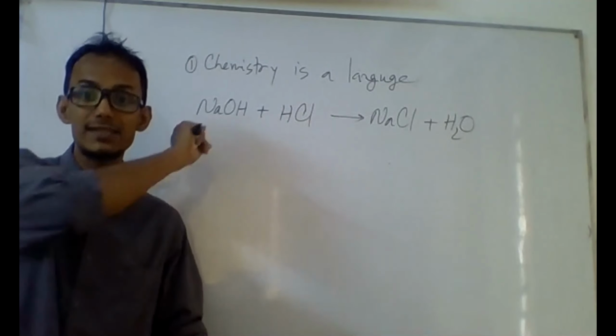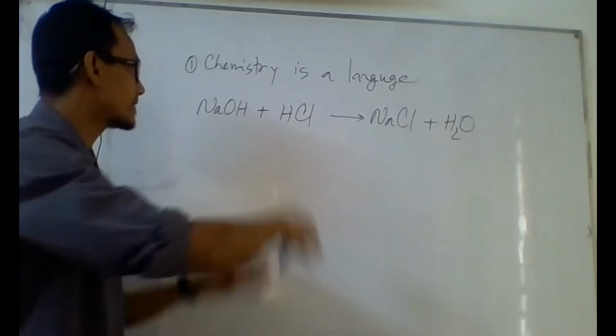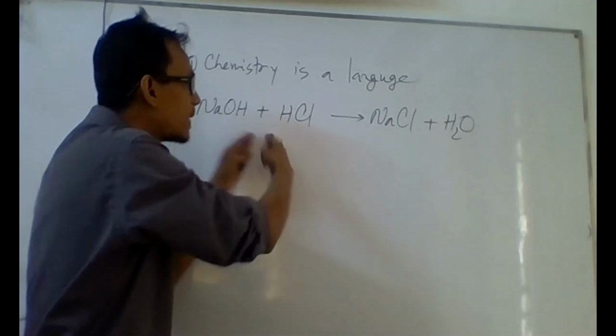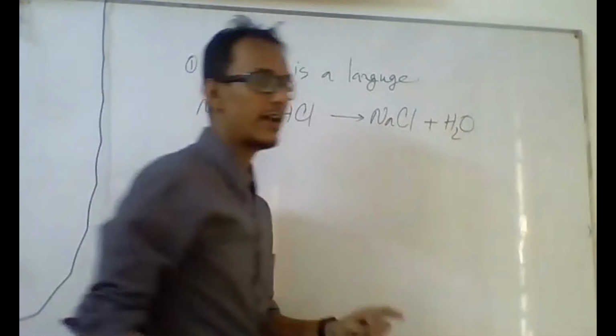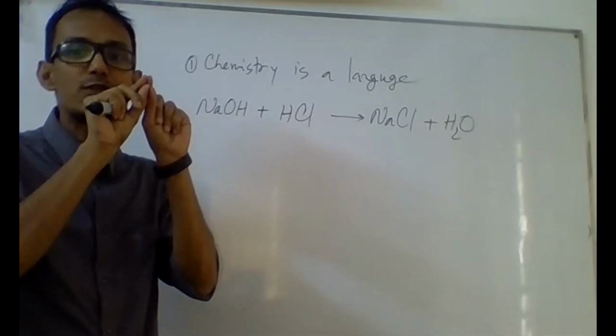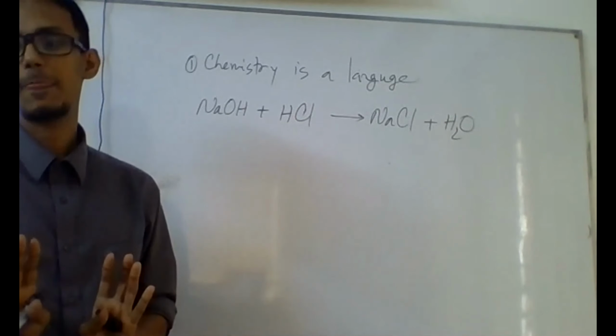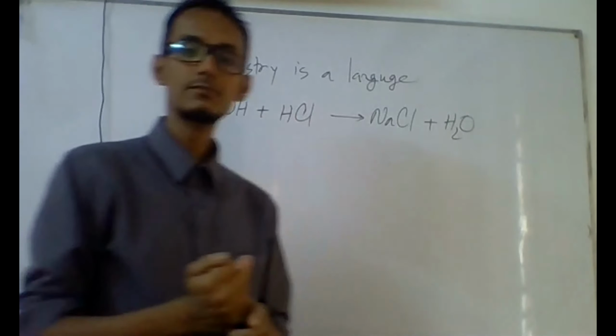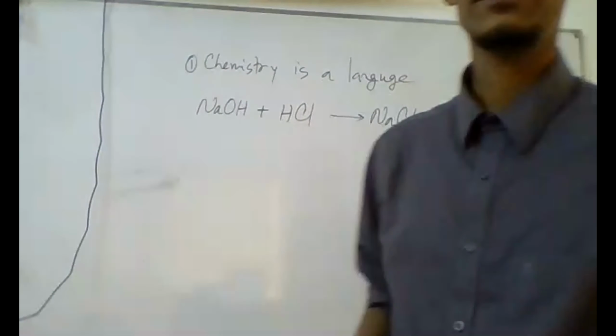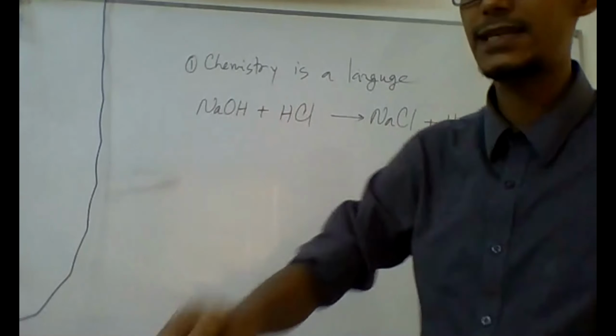Similarly, if you know one grammatical rule, say base plus acid gives salt and water, with only this one structure you can write hundreds of chemical reactions. Do you understand what I'm saying? That was what we discussed in our first class.